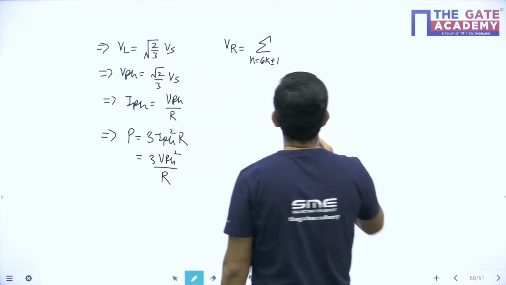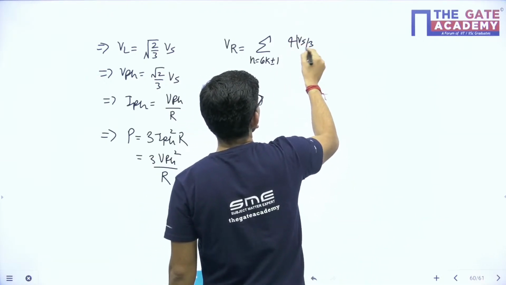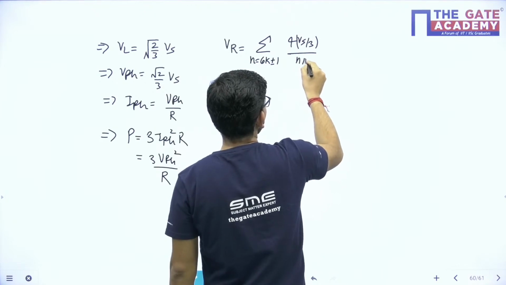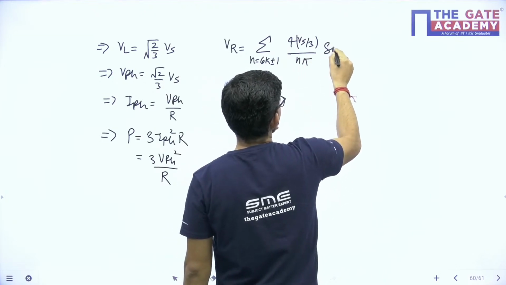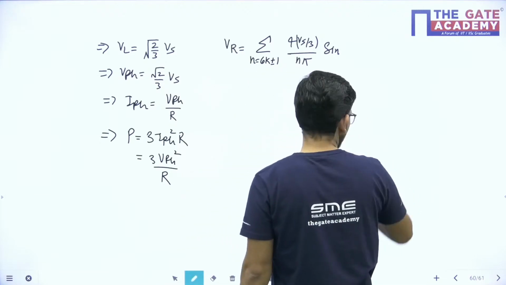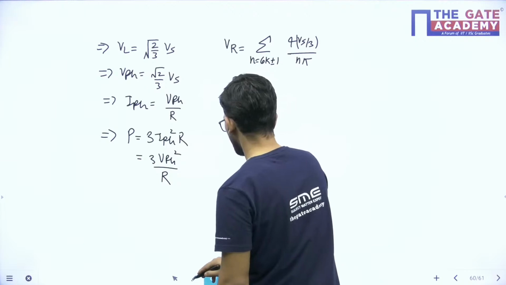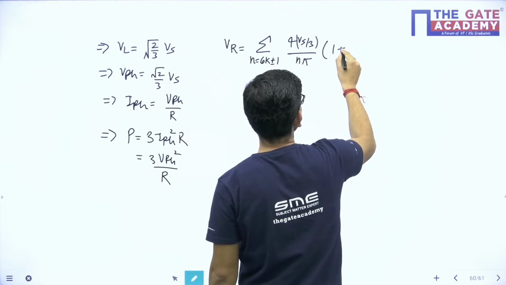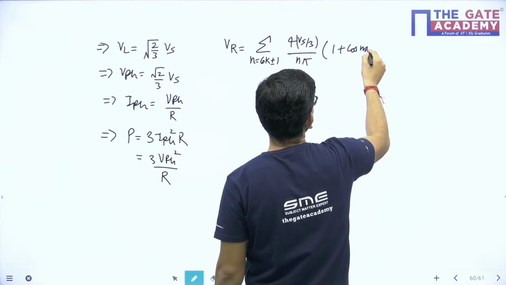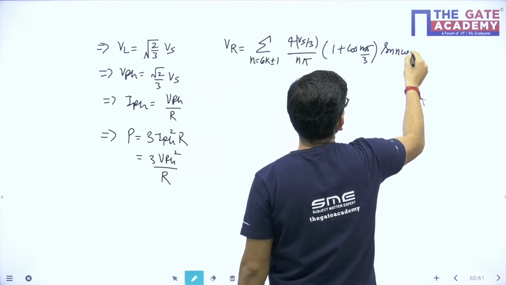So what you will get is 4 Vs by 3 upon n pi. After that, you will have 1 plus cos n pi by 3 times sin n omega naught t.